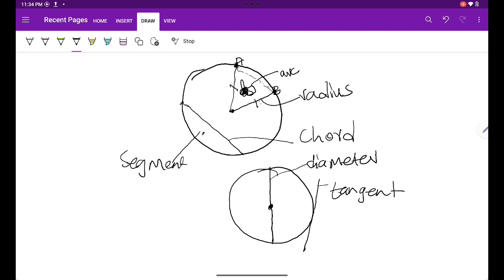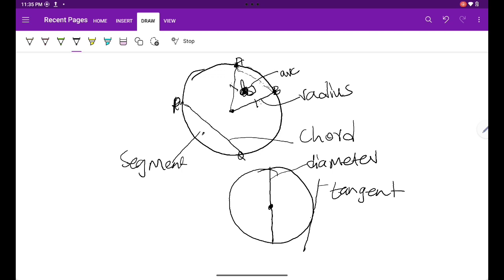But we know the arc is on the circumference, the chord is the line. So this line here is a chord. If I put a P here and a Q there, we can talk about a chord PQ or an arc PQ. Those are other things that we need to understand.